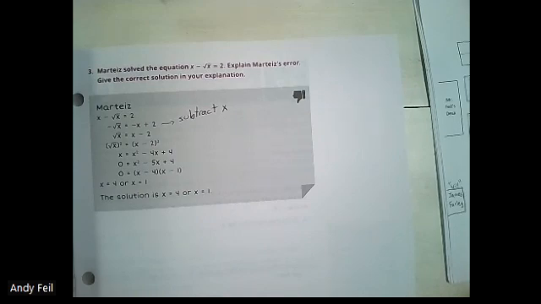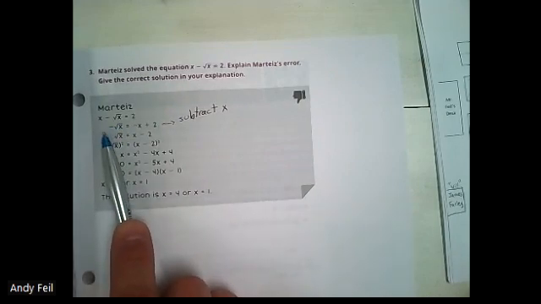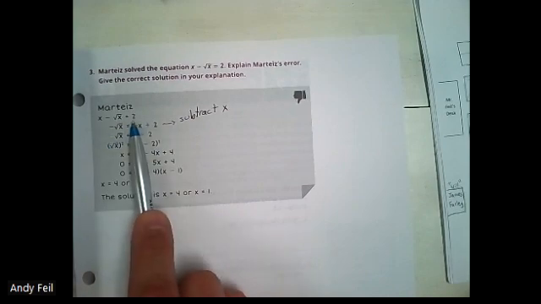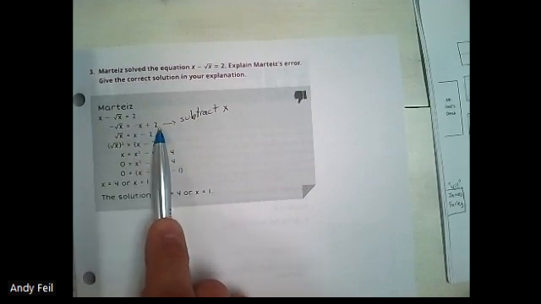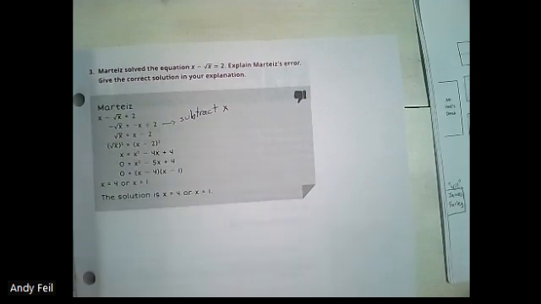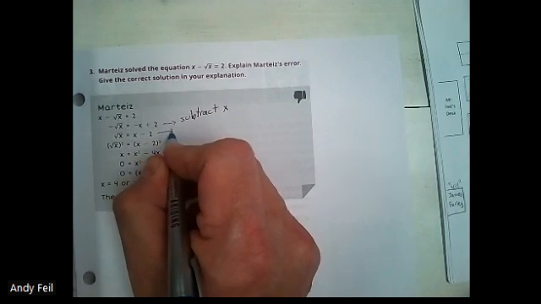You would think so, yes, but I think I actually like the way Martiz is doing this. But does everybody agree that if you subtracted x from this side, it would just disappear? And if you subtracted this x from this side, it would just show up as a minus x. You might have put it as 2 minus x. He decided to put it as negative x plus 2, but it's really the same thing, isn't it? Same thing. All right, what did Martiz do to get from this step to this step?